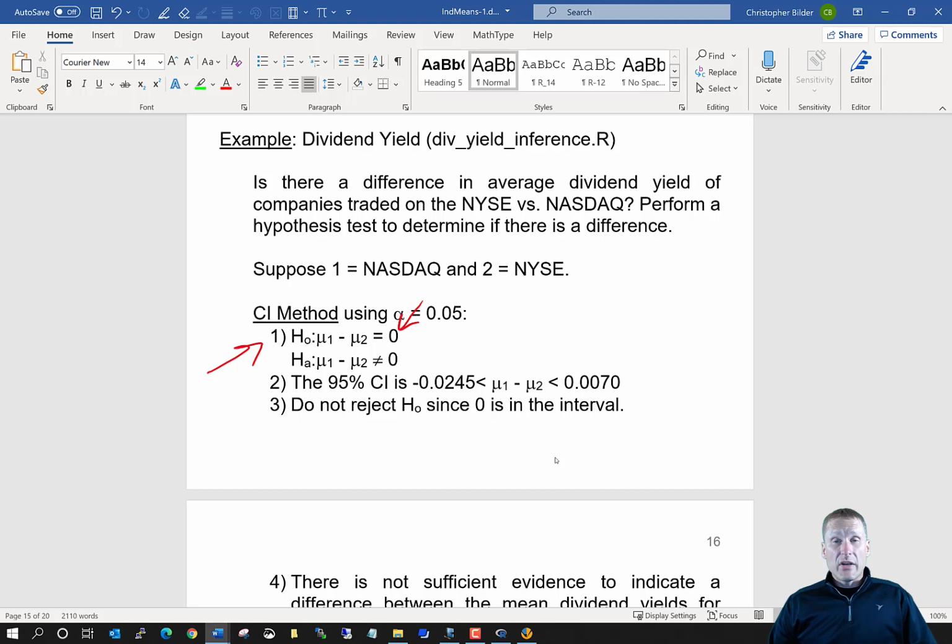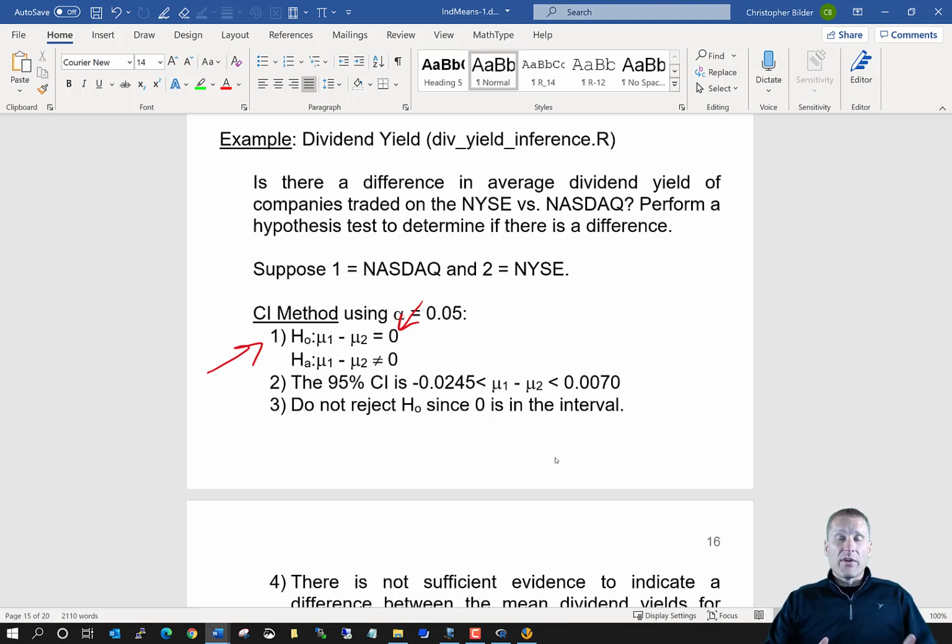We have a two-tailed test here, but one could also write this in terms of a one-tailed test. If you remember what my original research hypothesis was, that the mean for the New York Stock Exchange would be higher than the mean for NASDAQ, I would put that research hypothesis into HA if I was interested in doing that.